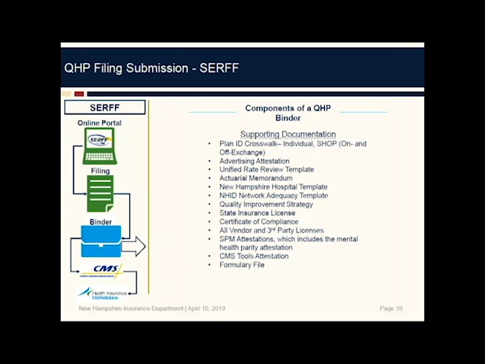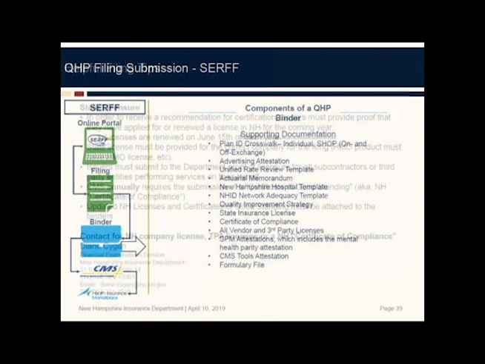Also, all TPA licenses are required to be submitted per the same instructions above. In addition, your formulary file must be submitted both in Excel and PDF formats, including the NDC codes. Next slide.